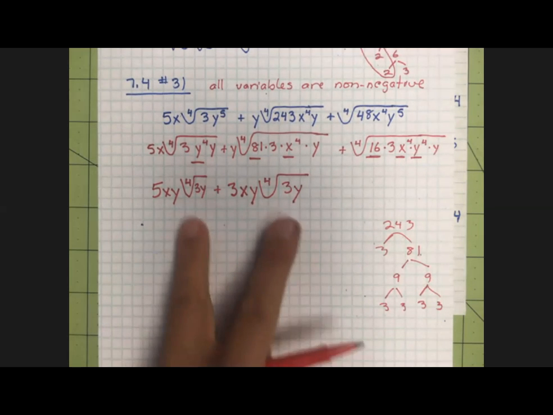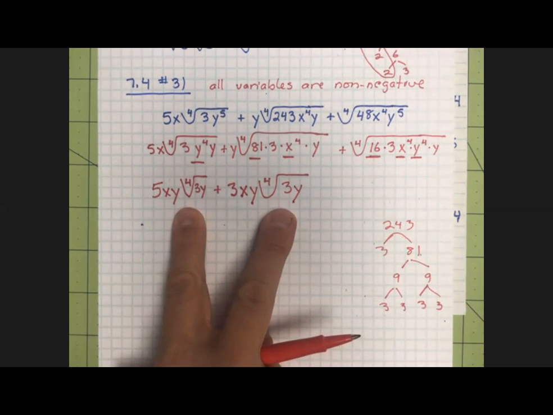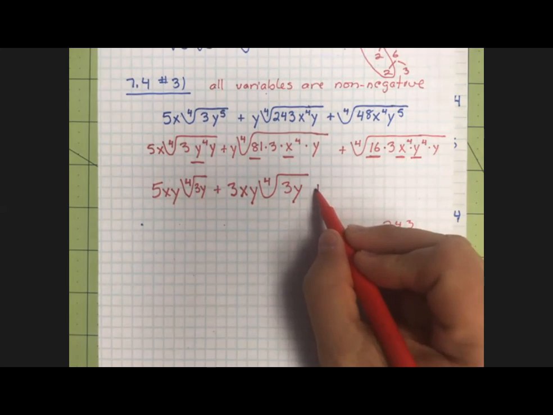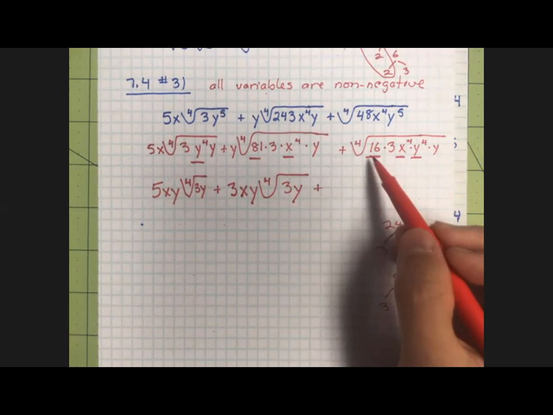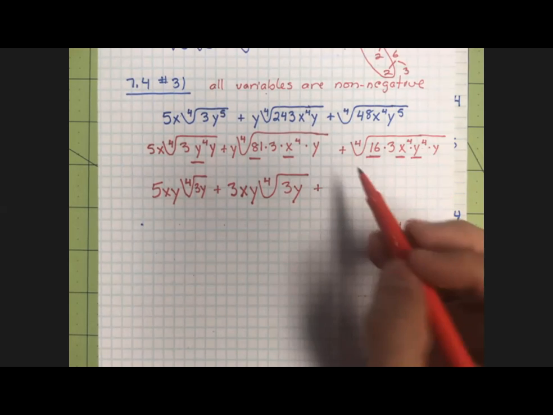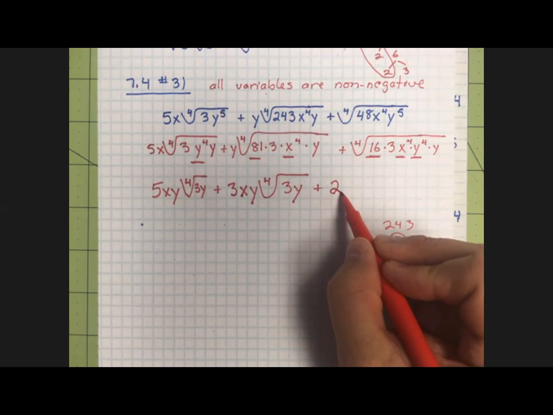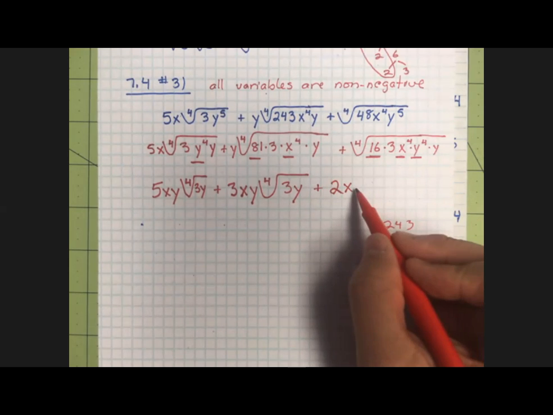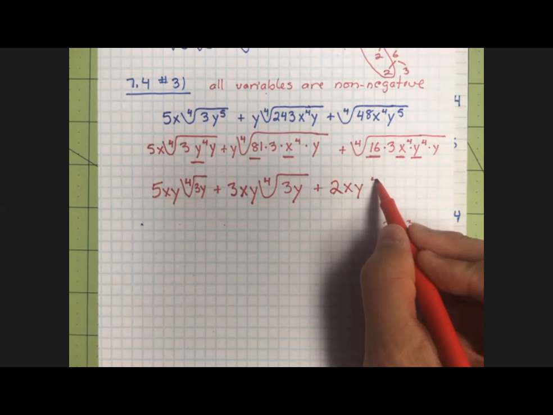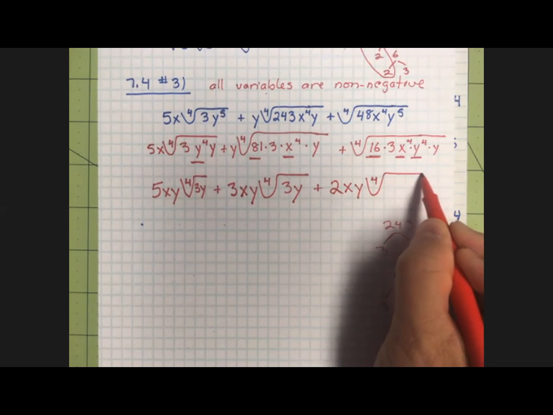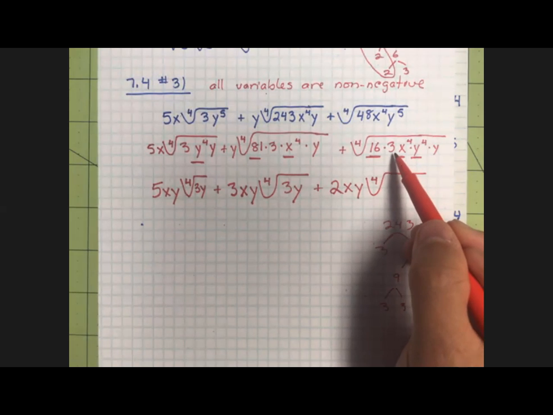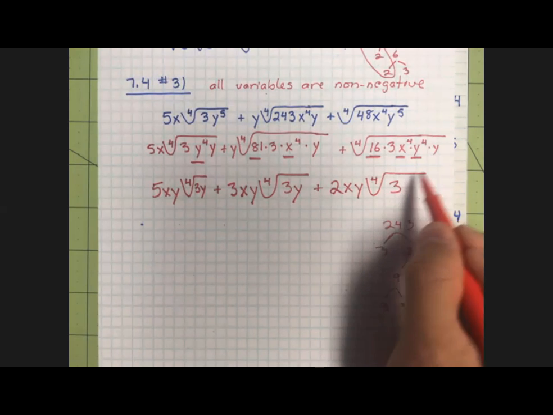That's interesting. Now these look alike. Okay, prison break. 4th root of 16 is 2. 4th root of x to the 4th is x. 4th root of y to the 4th is y. And who's left behind? The ones that weren't strong enough to get out. That's that 3 and that y.